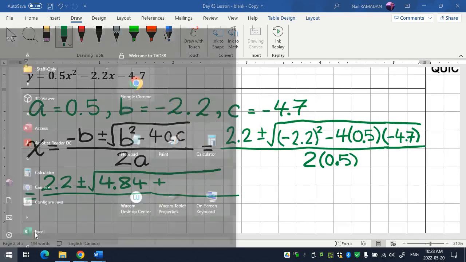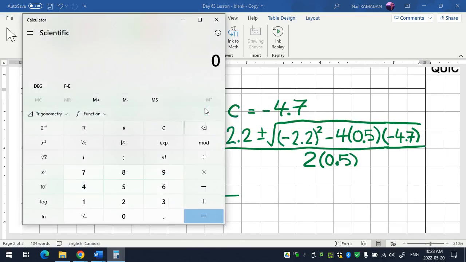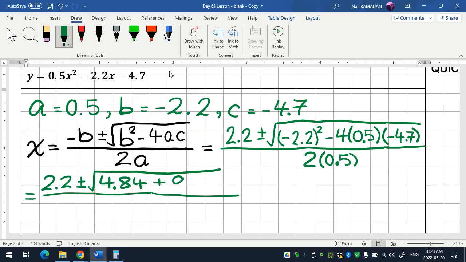So now I need to multiply 4 times the half times 4.7. Hey, what's 2 times the half?